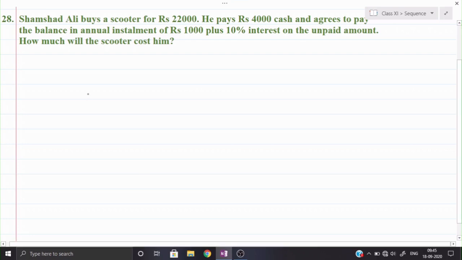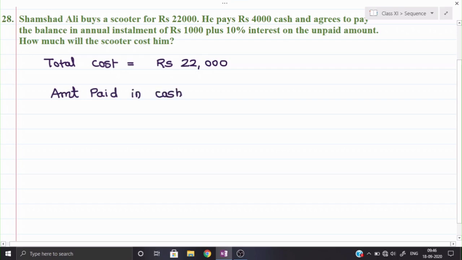Okay, so here if I give you an introduction and the start over here, I can say that total cost will be equal to rupees 22,000. Okay, then amount paid in cash, that is actually not required here, but suppose we find out the amount paid in cash, that will be rupees 4,000.